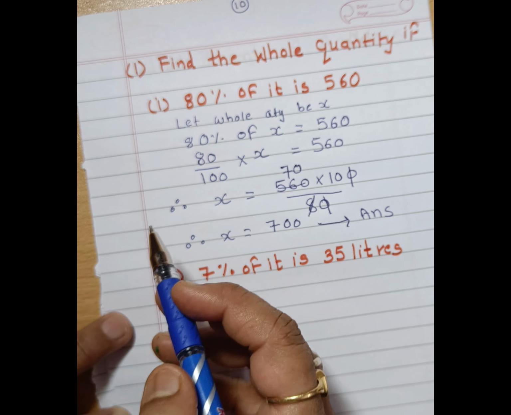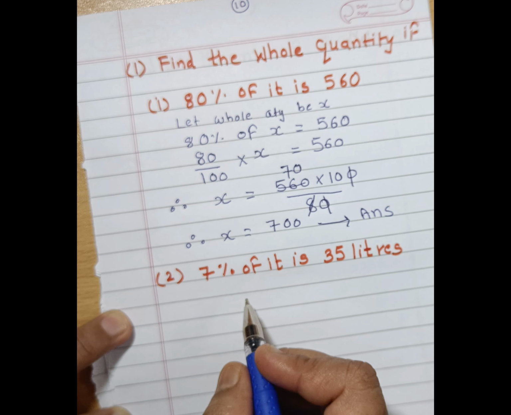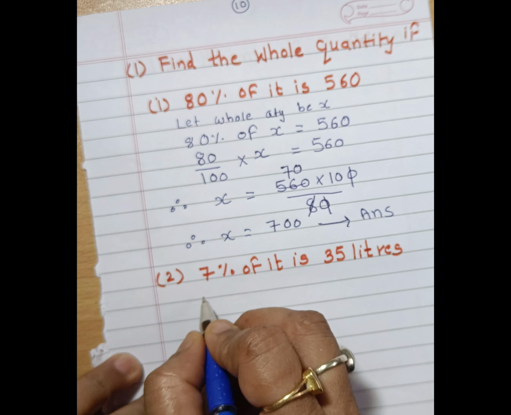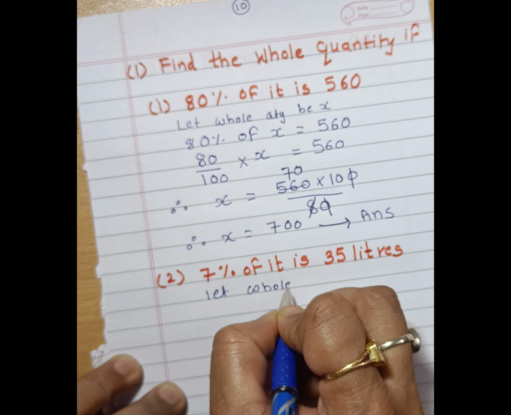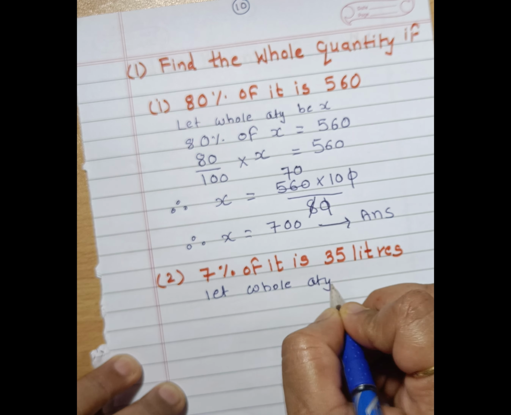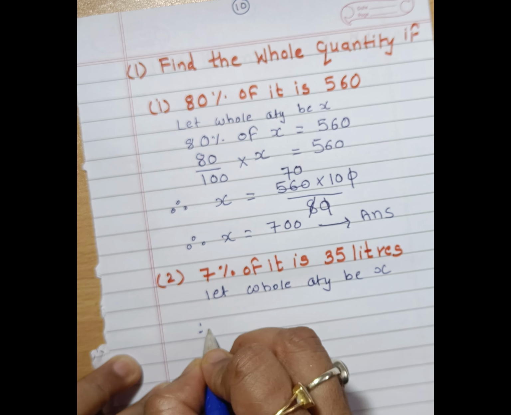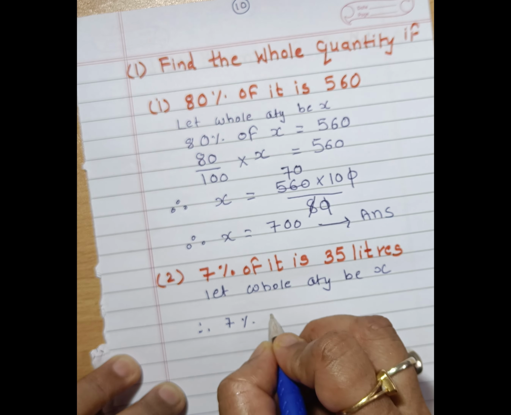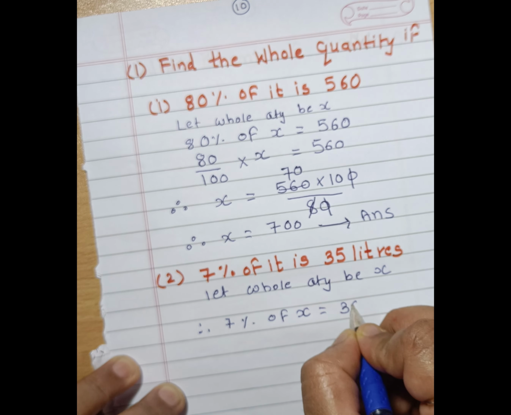Now, in the second problem, we find the whole quantity if 7% of it is 35 liters. Let the whole quantity be x. Therefore, 7% of x is equal to 35 liters.